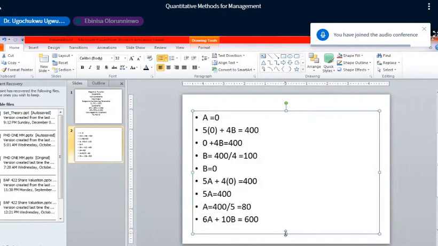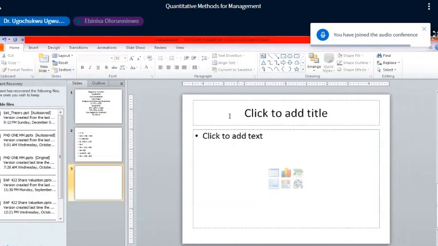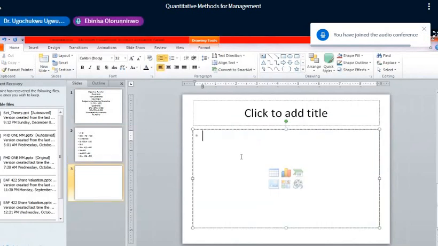Equal to 600. So if we assume that A is 0, then this will be 6 into 0 plus 10B equals 600.